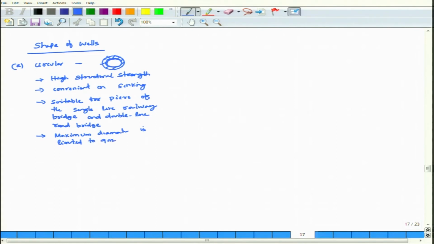Circular. The second one is the double D well.